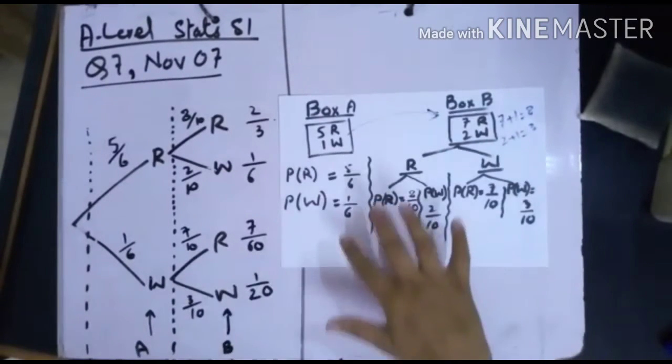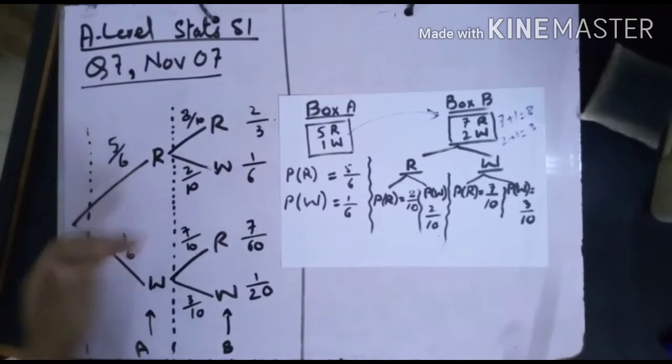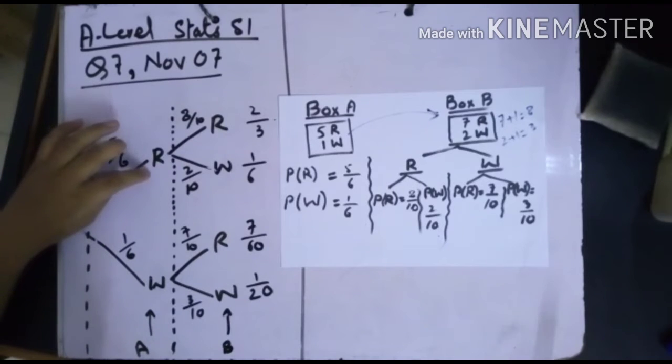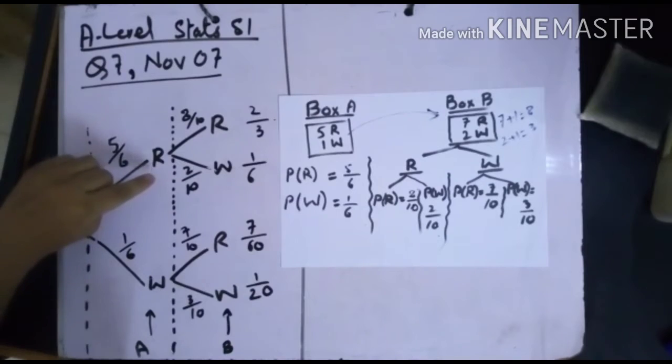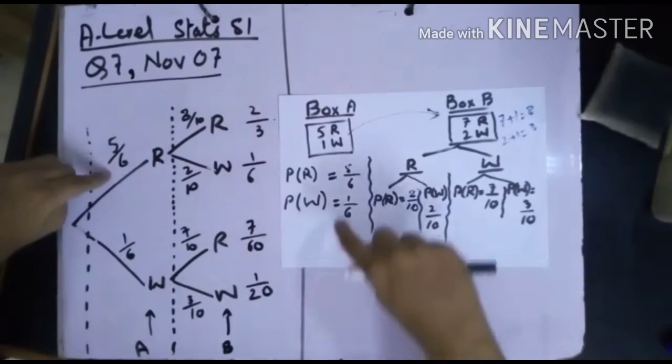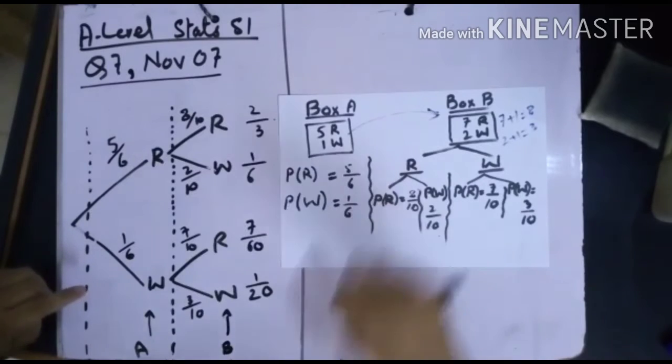The whole situation I have drawn in the form of a tree diagram. There are 2 draws. In the first draw, there can be a red paper clip or a white paper clip. The probability of a red paper clip is 5/6, written here, and for white this is 1/6, written here.